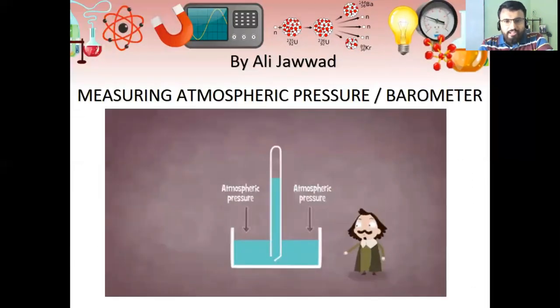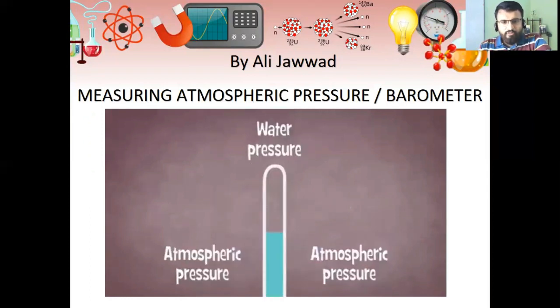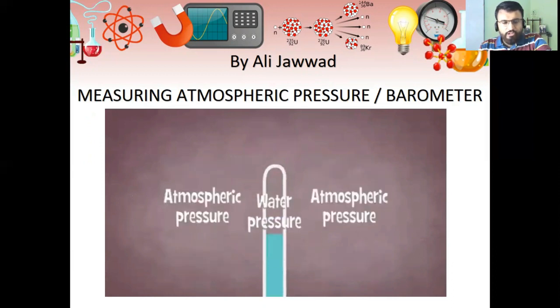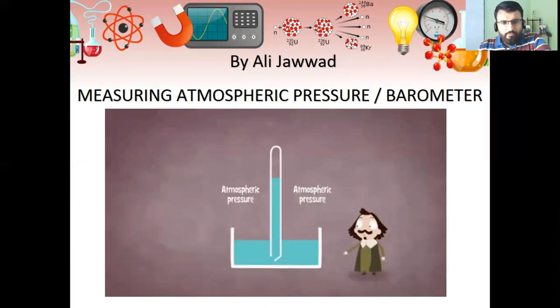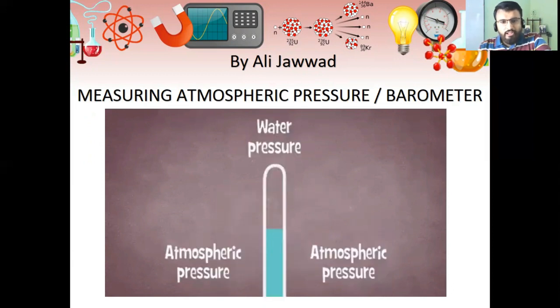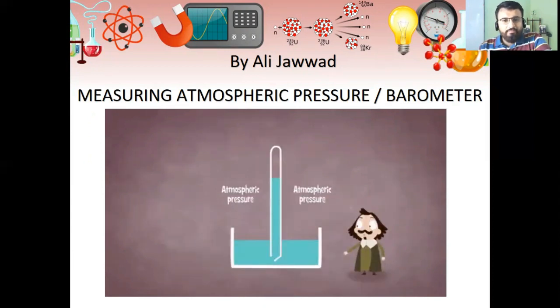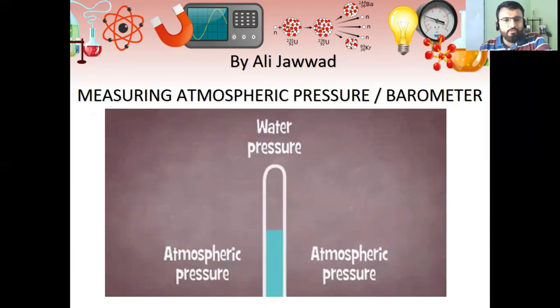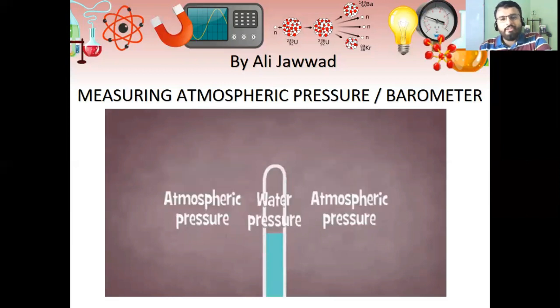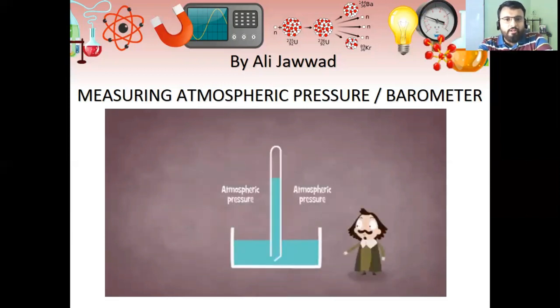When the barometer is inverted, there are two types of pressure: one is the pressure of the liquid and the other is the atmospheric pressure. Atmospheric pressure pushes the liquid in the trough downward, which causes the liquid in the tube to fall or rise. This happens until the atmospheric pressure outside the tube becomes equal to the pressure inside the tube. So this is how a barometer works.